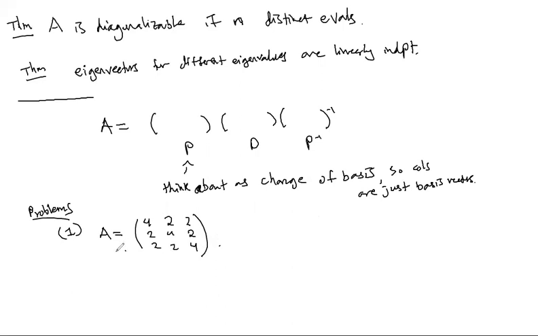So I think this is maybe a good example to start out with. I give you that it has eigenvalues 2 and 8, and I want you to diagonalize it, or explain why it's not diagonalizable.